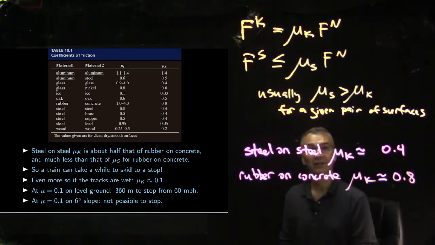Once we learn how to work out friction on an incline, which we'll do in a moment, we could work out that on a 6-degree slope at mu equals 0.1, it's actually not possible to stop. So you especially don't want to challenge a train if it's on wet tracks going downhill.